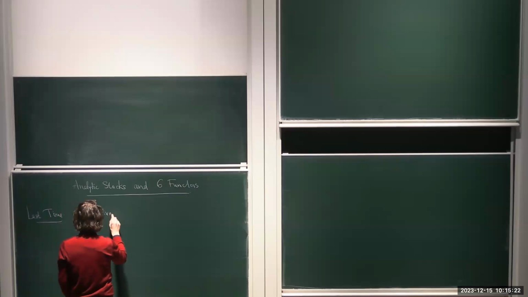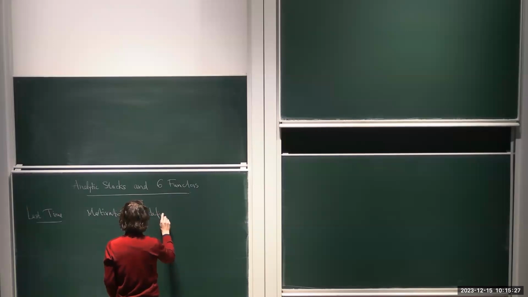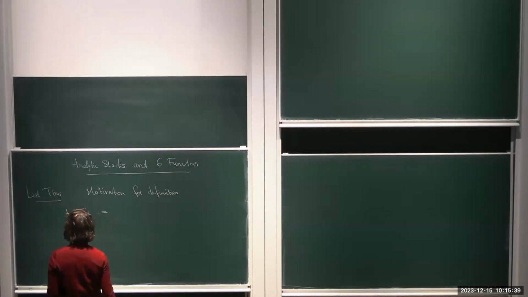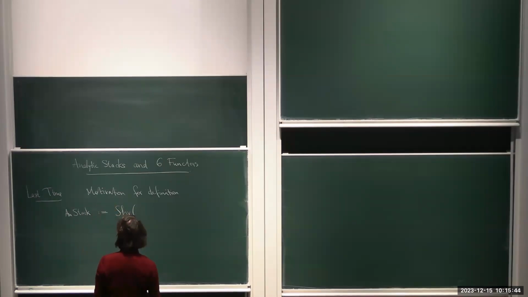So last time we saw some motivation for making a definition of the sort, analytic stacks. One could be some category of sheaves on the category of analytic rings.